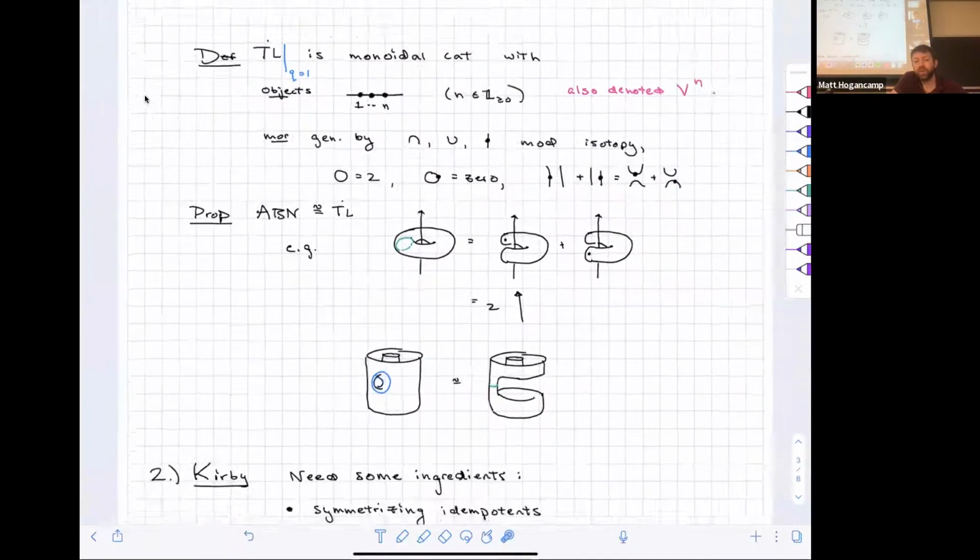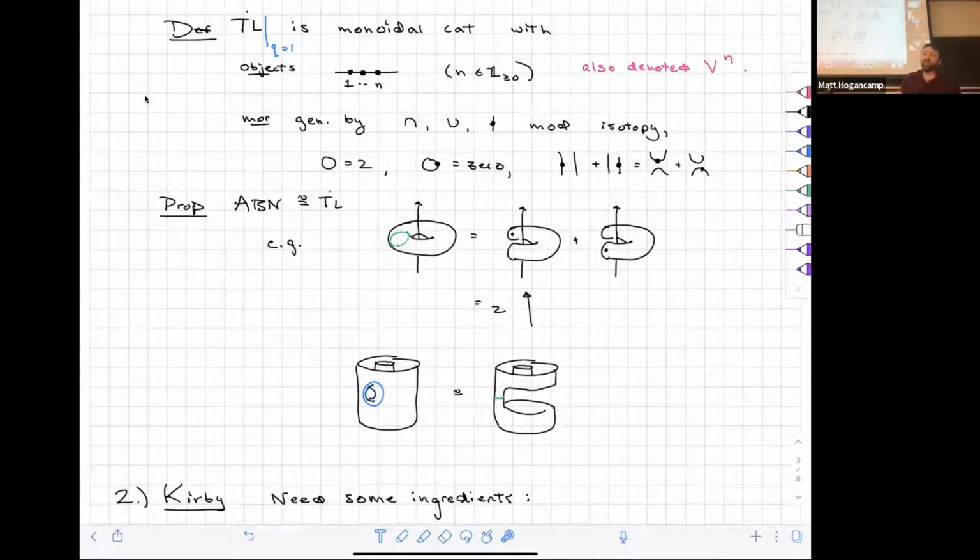So this is the annular Bar-Natan category, described one dimension down, described by this dotted temperley-lieb category. Okay. So the goal is to describe an interesting bunch of objects in the annular Bar-Natan category. We've already completed the annular Bar-Natan category with respect to the operation of taking direct sums and grading shifts.